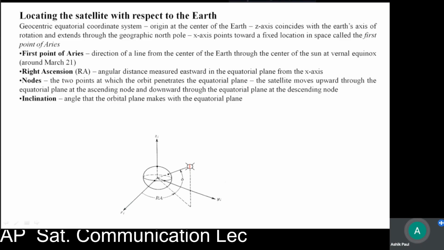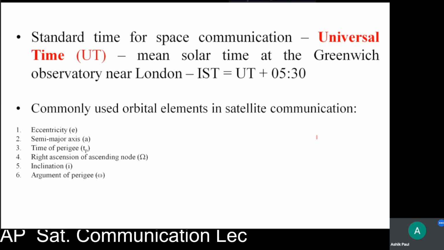Instead, it includes the equatorial plane. So the satellite will move up through the equatorial plane at one of the nodes, which is known as the ascending node, and it will move down through the equatorial plane at the descending node, the other one.